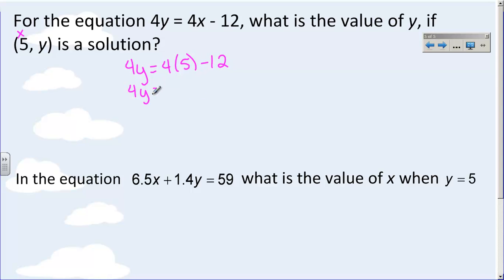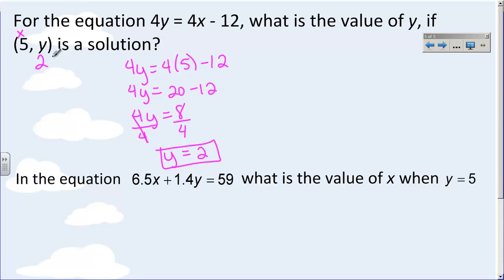Well, let's do our calculations. 4 times 5 is 20. 20 minus 12 is going to be 8. And then in order to get y by itself, I'm going to have to divide by 4 on both sides. So I get that y equals 2. So the value of y is going to be 2. That means this number in this ordered pair, pardon me, is going to be 2.